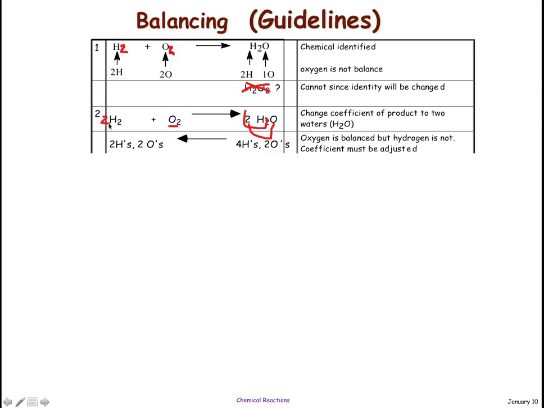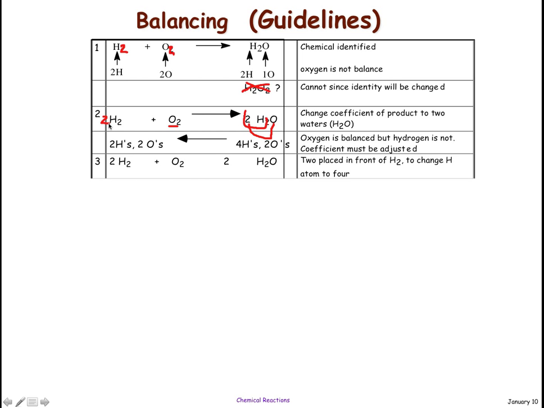And if you do that, you see that the reaction is going to be balanced. 4 hydrogens on this side, 2 oxygens on this side. There's an arrow right here, remember? The two waters give you 4 hydrogens right here and 2 oxygens right here. So that would be chemically sound, and it makes sense in terms of the formula for the chemicals involved.